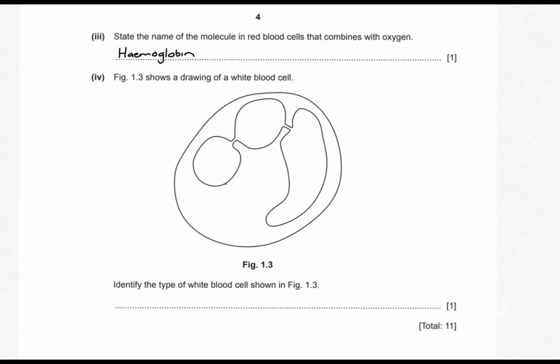They then ask to identify the type of white blood cell that's shown in figure 1.3. Now, if we look at this white blood cell, we can see that the nucleus inside of the cell is lobed. This means that it would be a phagocytic cell. Remember, the nucleus of a monocyte is perfectly round.